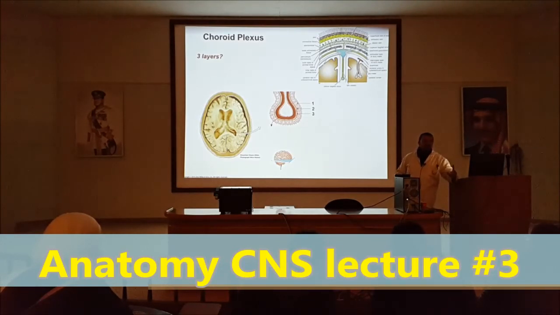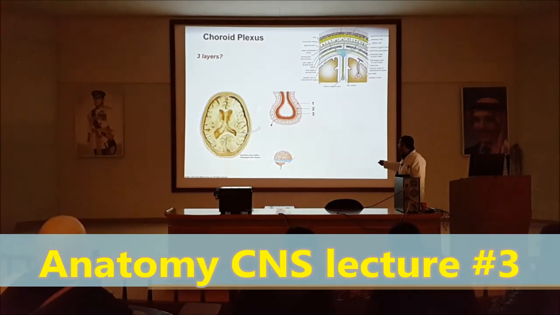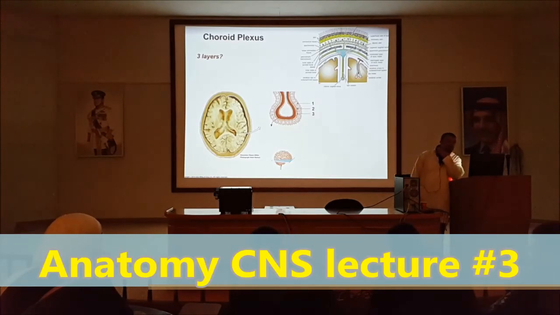This plasma fluid, which filtrates like a filter across these three membranous layers from the blood into the ventricle, will now be called the CSF, the cerebrospinal fluid. So that's how cerebrospinal fluid is produced. It's not actually produced. It's actually the filtration of plasma from blood across membranous layers into the ventricles.